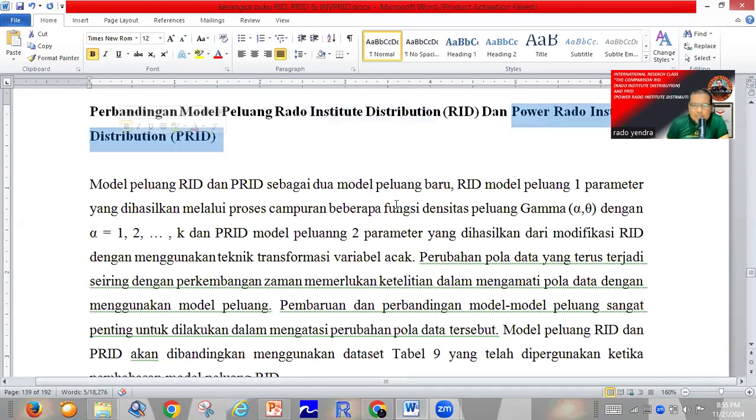Like we said before, RID has one parameter only, parameter theta, and PRID has two parameters, alpha and theta.